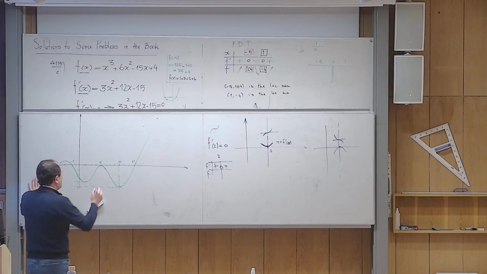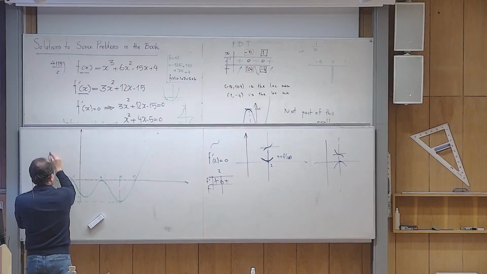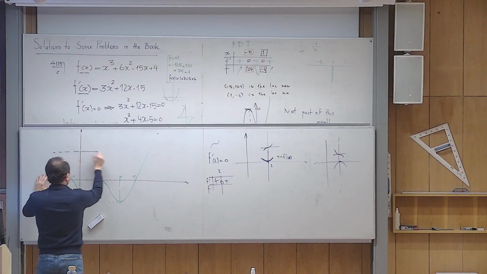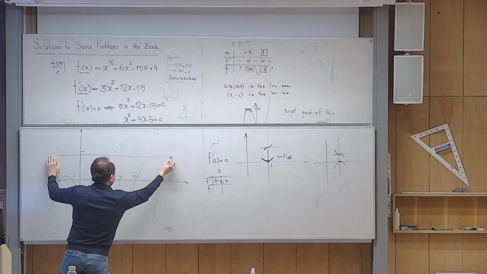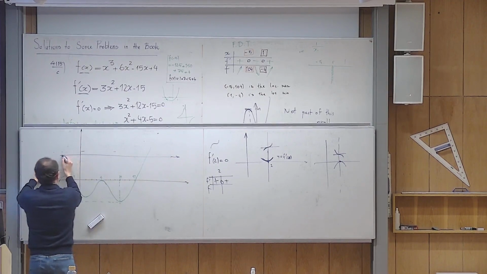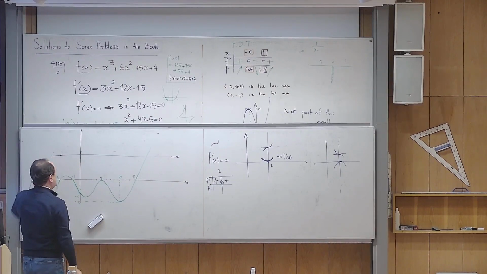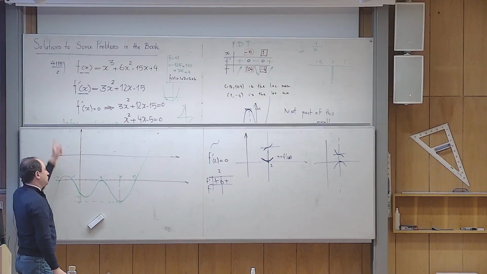So let us, for example, to understand it better, I draw another x-axis on top. Let me see, I don't know where I should start, but okay, so here. So assume that this is your x-axis.